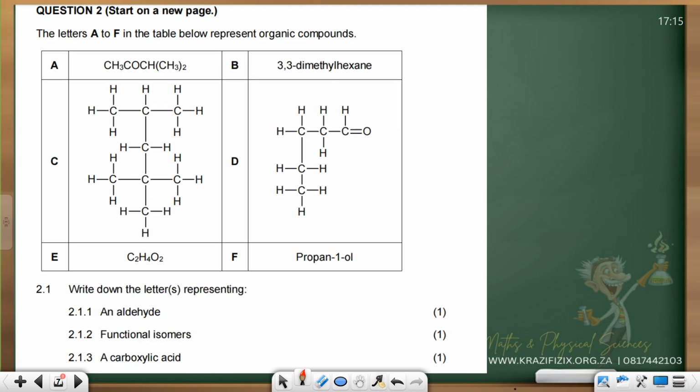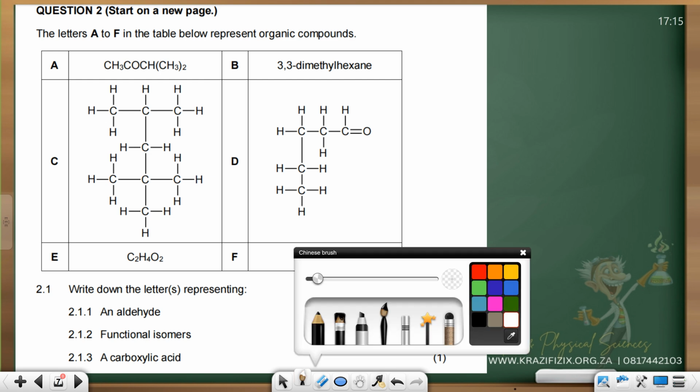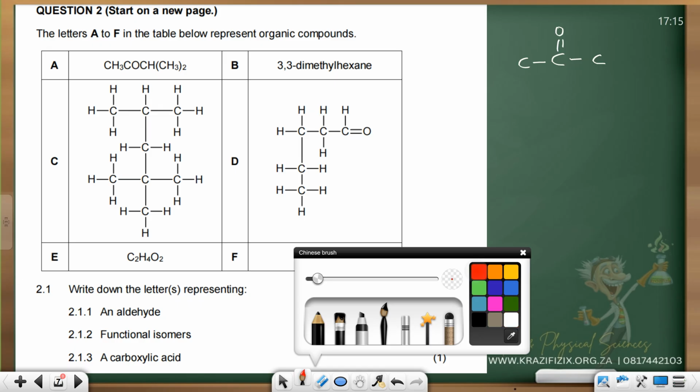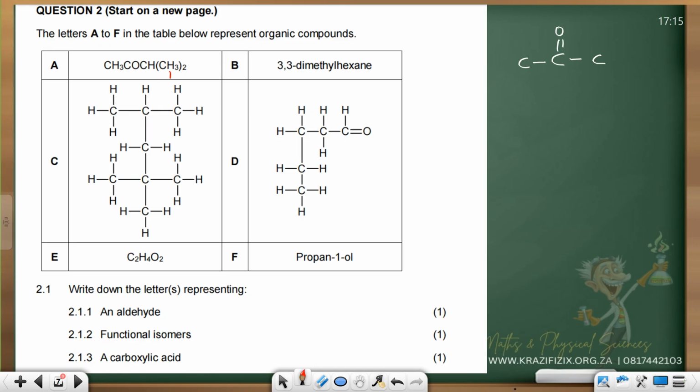It's a ketone. Why is it a ketone? Your ketones would have the functional group in the middle of two carbon atoms. So if I draw that out, it's going to give me something like that. So automatically, thank you everybody. It means we're doing good. That's a ketone. What about B?